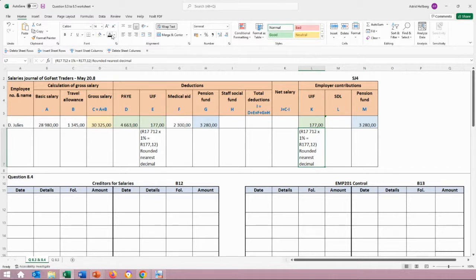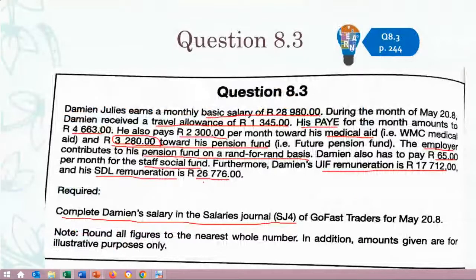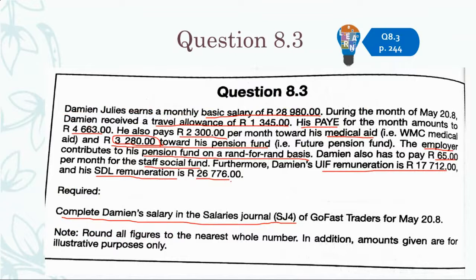Then the information also stated that we contribute to the social fund club 65 Rand. And then for STL, they said our STL remuneration, if we go back to the slides, was 26,776.